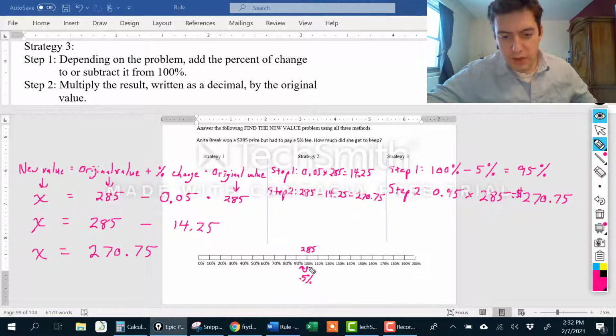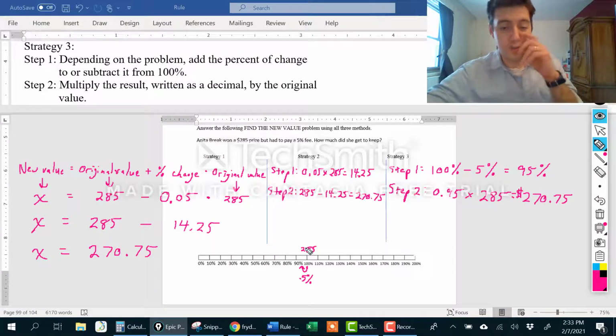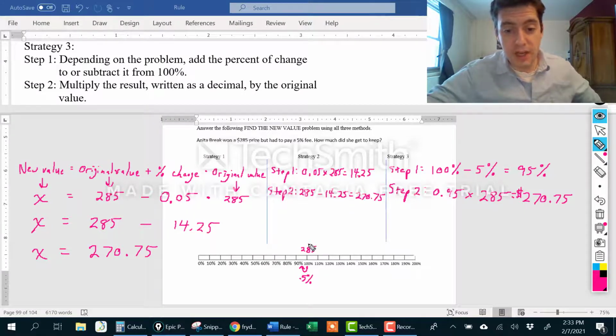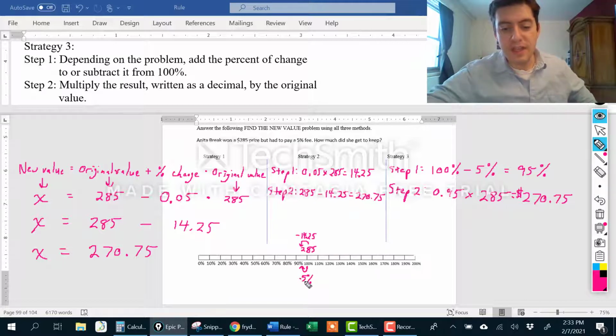So we started at 100%, and then we're going down by 5%. So then we would be in between 90% and 100%. On this side over here, what's happening is we're starting at 285, and then we're going down by 14.25. So in other words, 14.25 is 5% of 285.